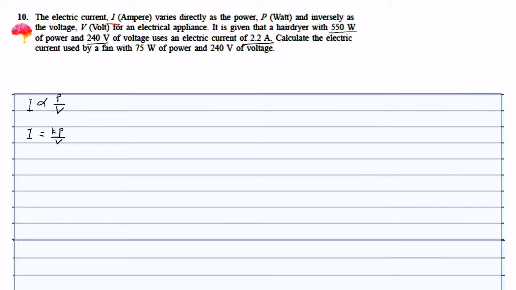So we substitute P equals 550, V equals 240, and I equals 2.2.